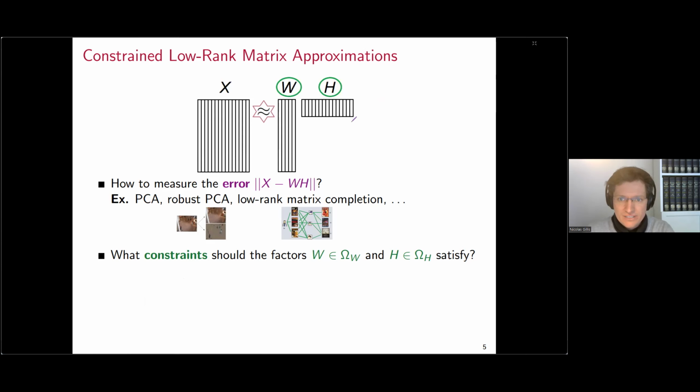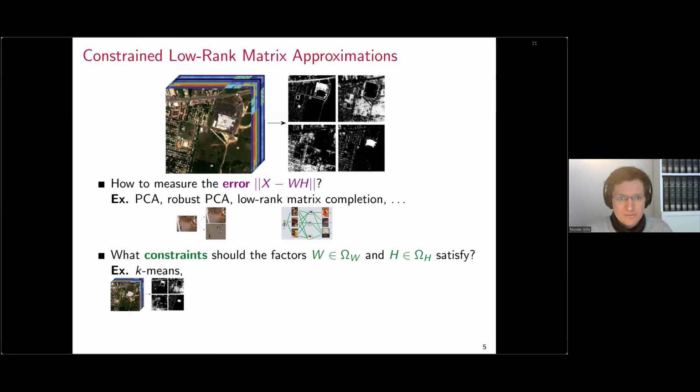If I impose that in each column of H, there is a single non-zero entry equal to 1, so essentially, you do a one-sparse constraint on the columns of H, you get k-means. In fact, for k-means, if you remember, the columns of W will be the cluster centroids, and each data point will be associated with a single cluster centroid. And so, for example, in this hyperspectral image, if we do a rank 4 factorization using these very strong constraints, you will get 4 clusters.